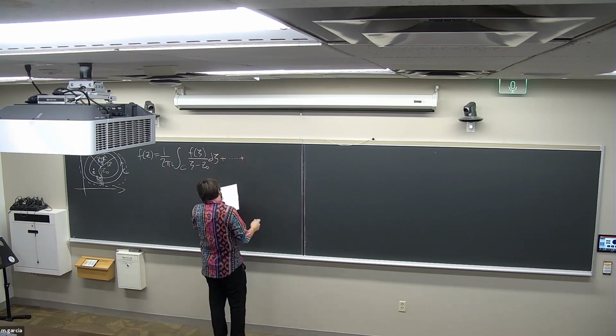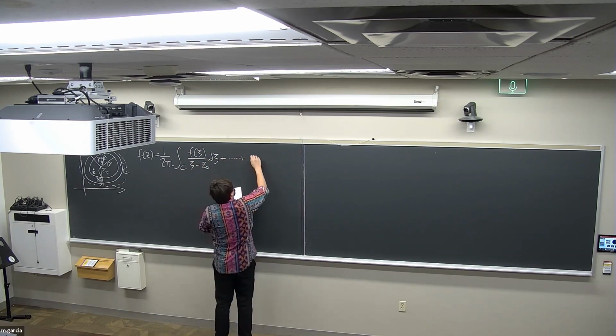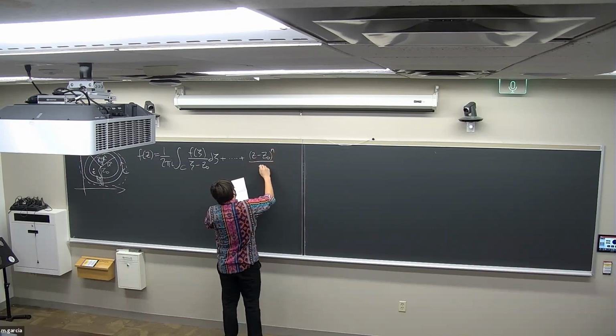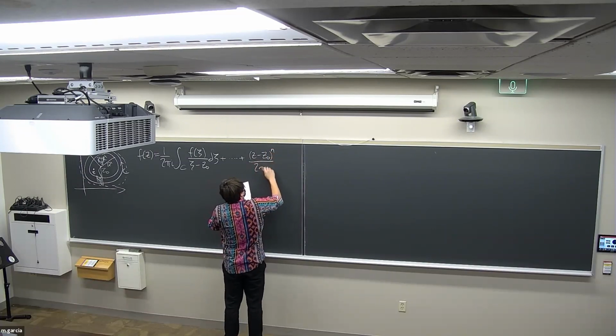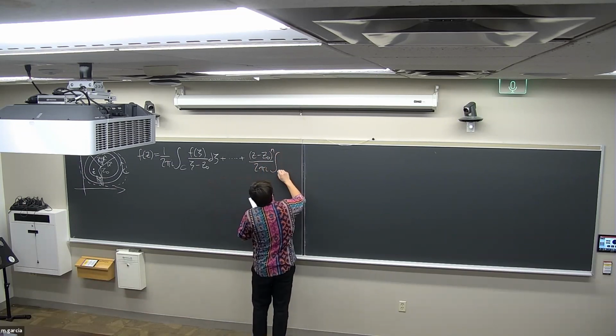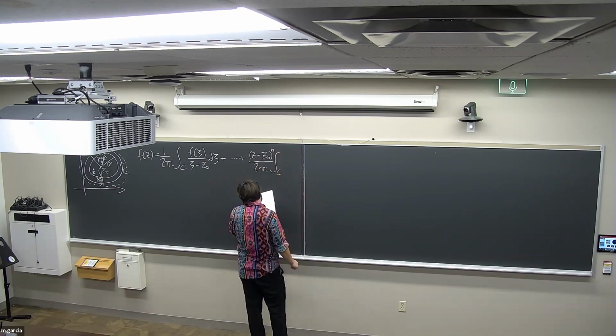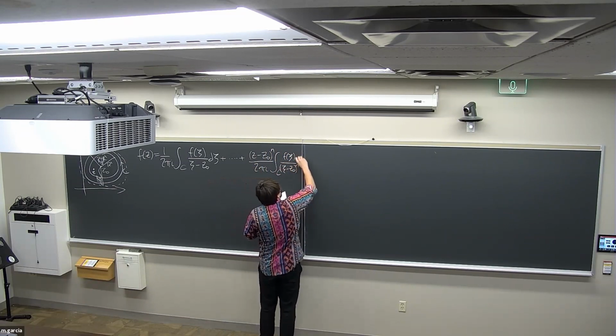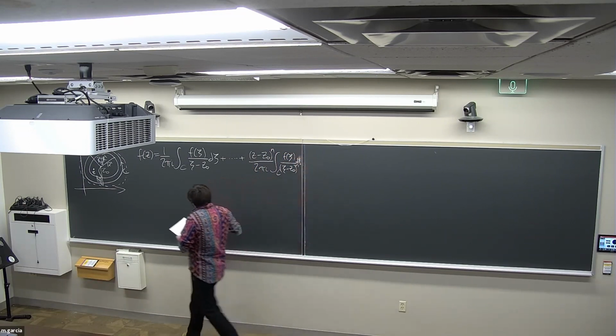Sum all the terms all the way up to z minus z naught to the n divided by 2 pi i times the integral around the same contour C of f of zeta divided by zeta minus z naught to the n d zeta plus our error term, right?